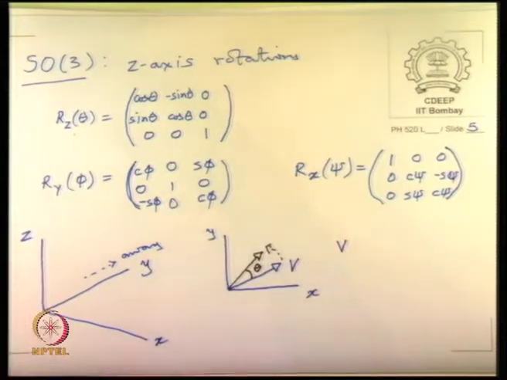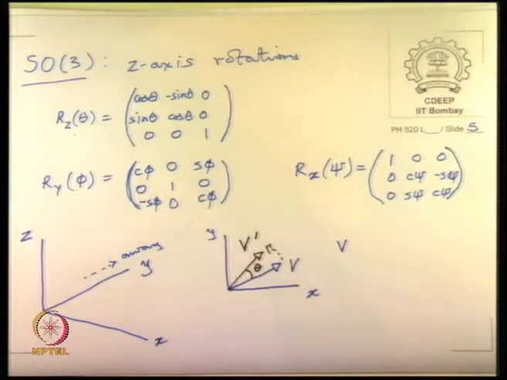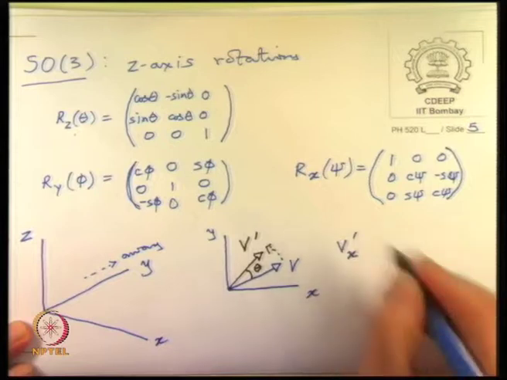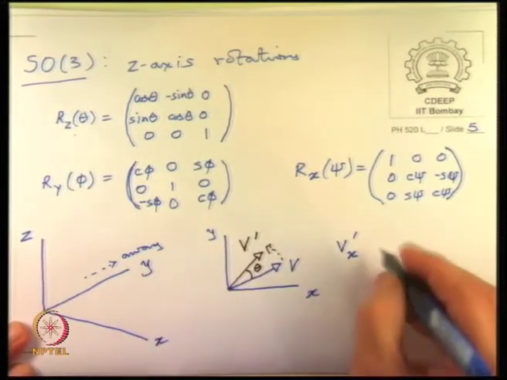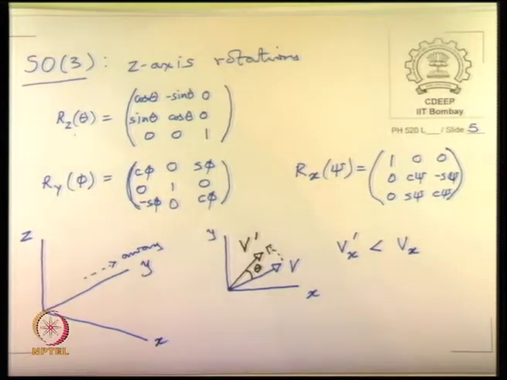Okay. This vector is V and its rotated version is V prime. Then we can see that Vx prime is less than Vx. This is how I remember things. Okay. If I rotate, then Vx prime is less than Vx.